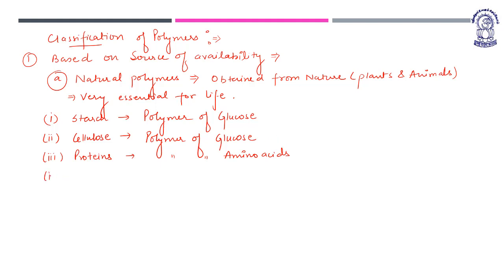Nucleic acids like DNA, RNA are the polymers of nucleotides. Proteins generally include the polymerization of alpha amino acids.